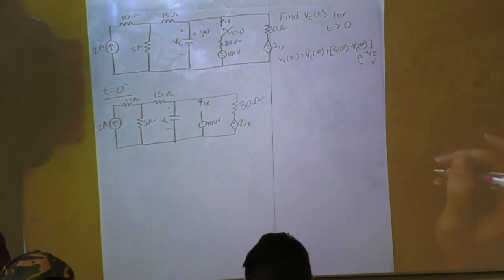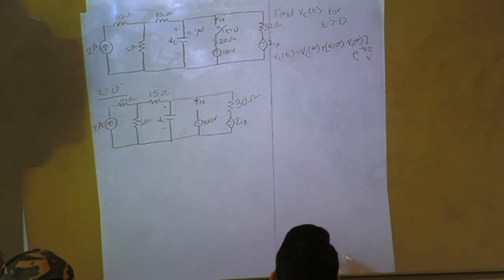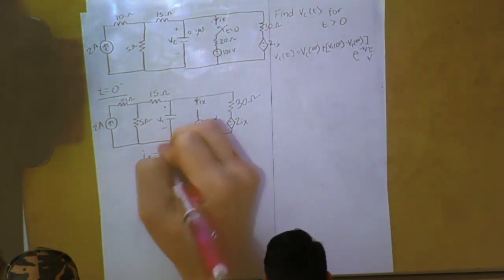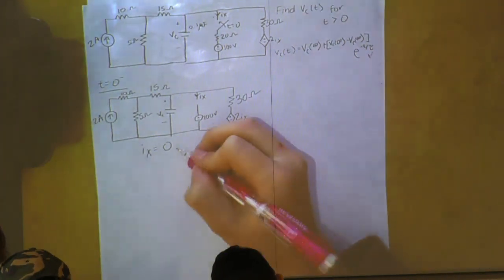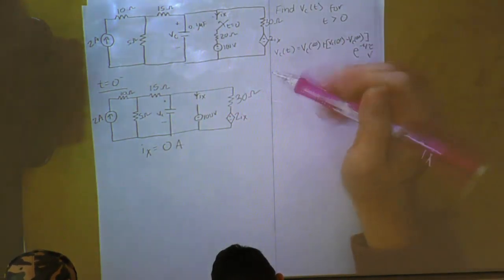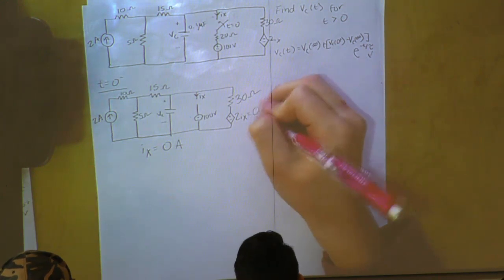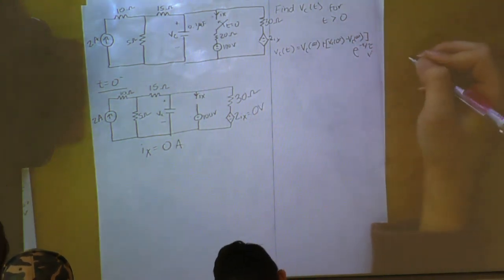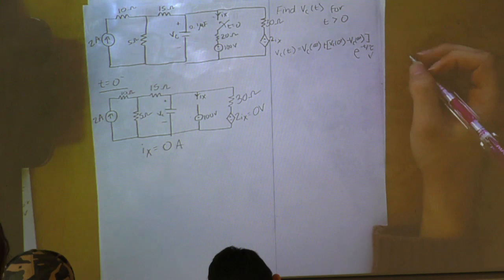So our Ix at 0 minus is 0 because we have this open circuit right here. That means our dependent source is going to be 0 volts. 0 volts will just turn into a short.